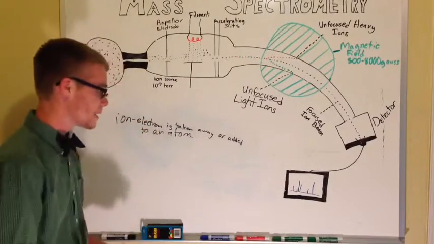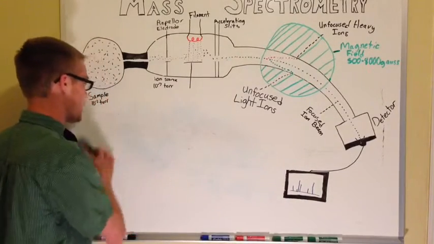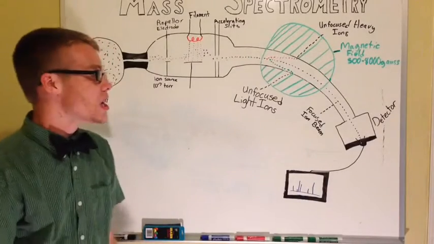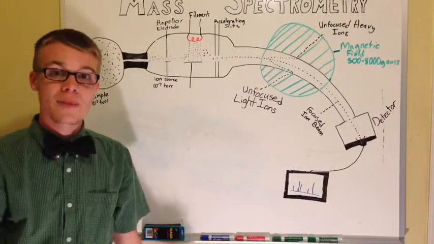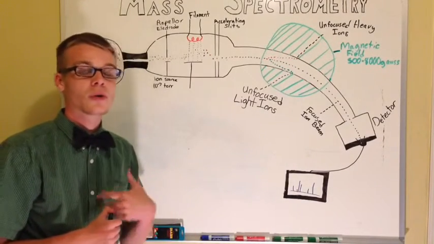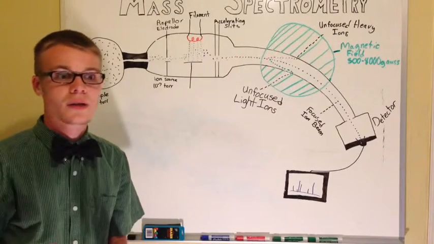Well, that's the basics. And now, what is the mass spectrometer and how is it used today? The mass spectrometer is a big machine that people use to determine what's in a chemical, what's in a poison, or basically what's in something.